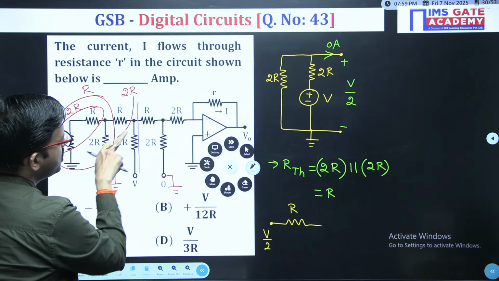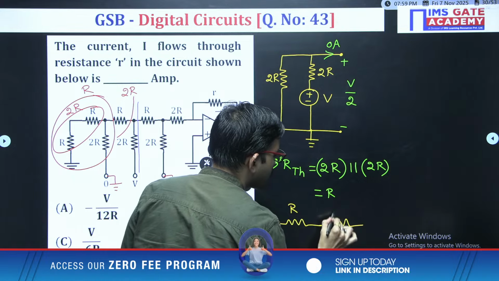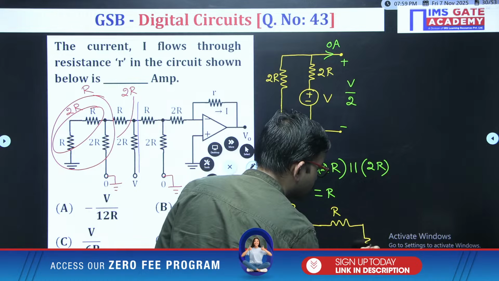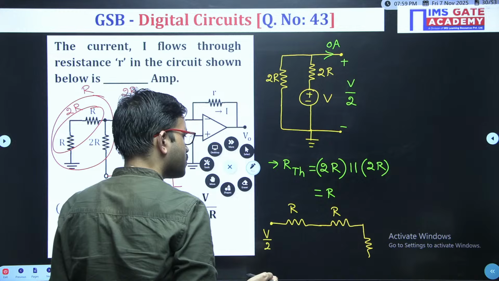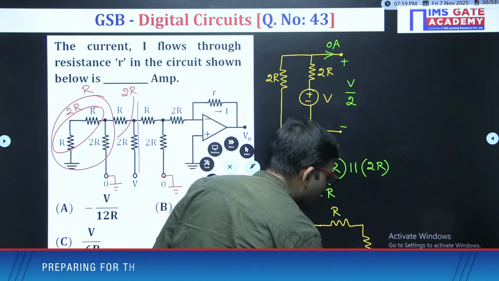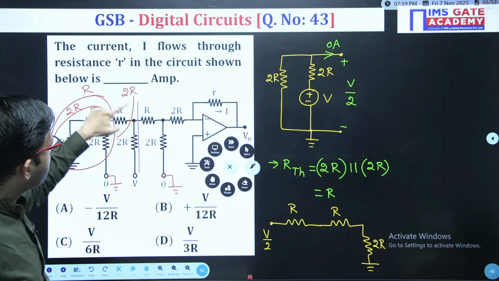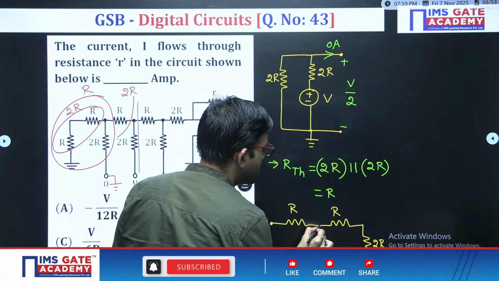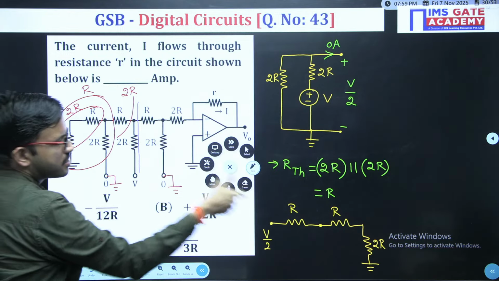Now, here you just observe. Here you are having R, and then here 2R is connected to ground. Up to here we got the equivalent circuit as V by 2 in series with R. Now I have considered this R and then this resistance 2R.